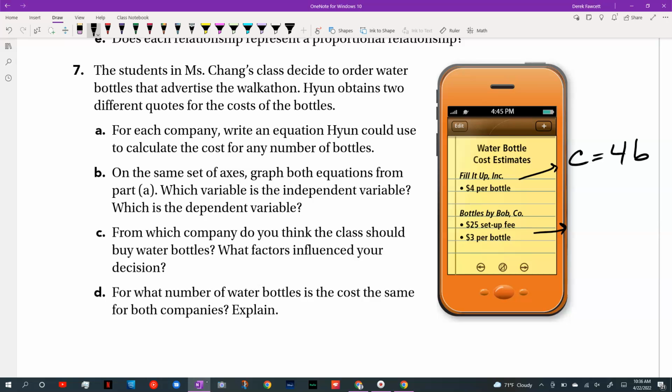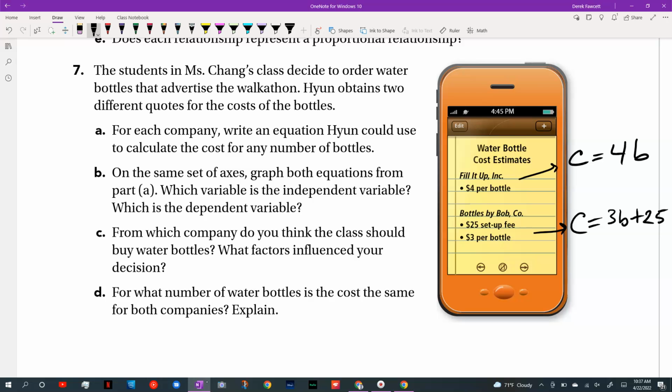Whether I ordered 100 of them or 10 of them, I was still going to pay that amount. So it's super expensive if I only got a couple of shirts. So the cost is going to be $3 per bottle plus that $25 setup fee, and that $25 is only a one-time fee.